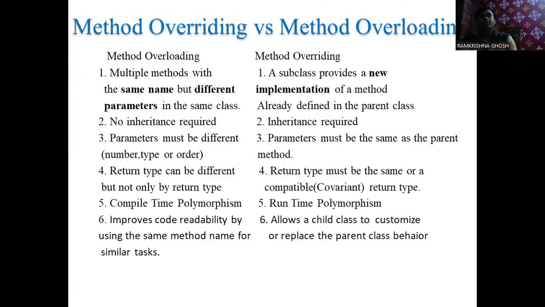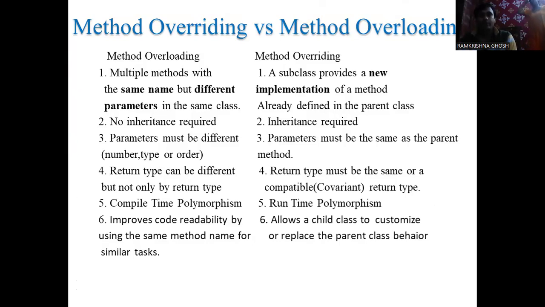So what are the differences between method overriding and method overloading? Method overloading, you know, is compile time polymorphism or static polymorphism. Method overriding, you know, is a runtime polymorphism or dynamic polymorphism. Method overloading means multiple methods with the same name but different parameters in the same class.